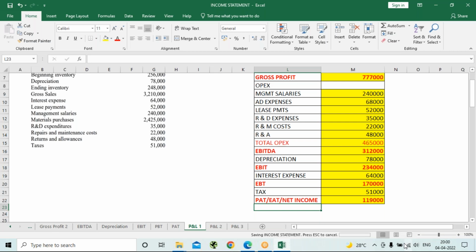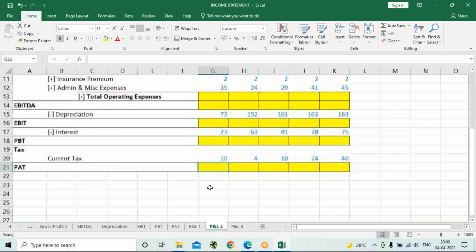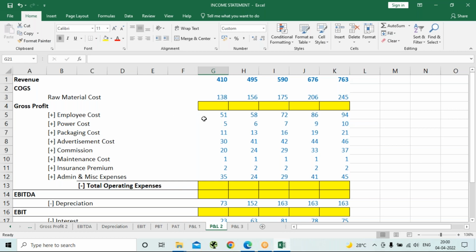Okay, so I'll save this and share it with you. You can refer to this and use the previous one. So please try with this. This is very simple. You are just going to calculate it in the numbers. Everyone has to share this income statement with me as an assignment, after completing it by tomorrow before the class starts.